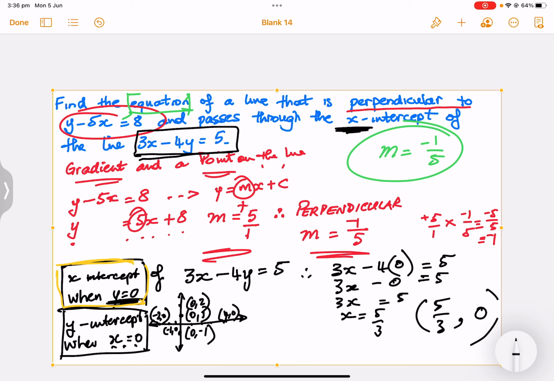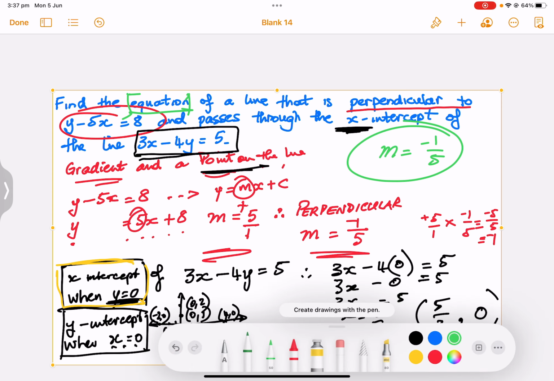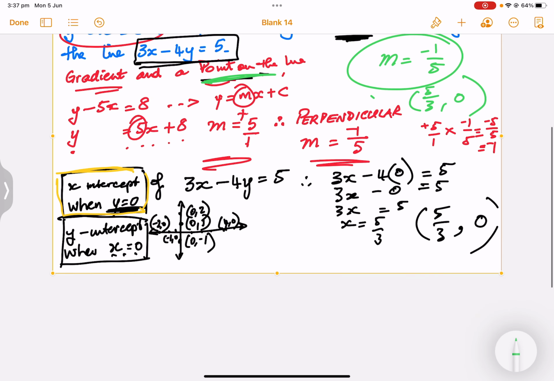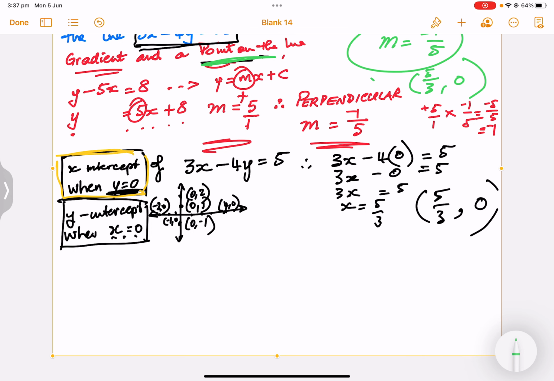So now we know the gradient is negative 1 over 5, and the point that we want is 5 over 3, 0. So here we've got the gradient, and here we've got the point. So let's do it. So we want the equation where the gradient is negative 1/5 and it passes through 5 over 3, 0.